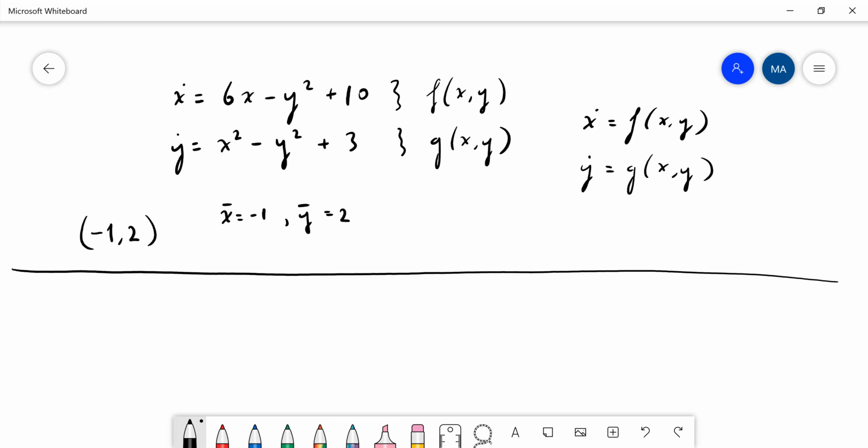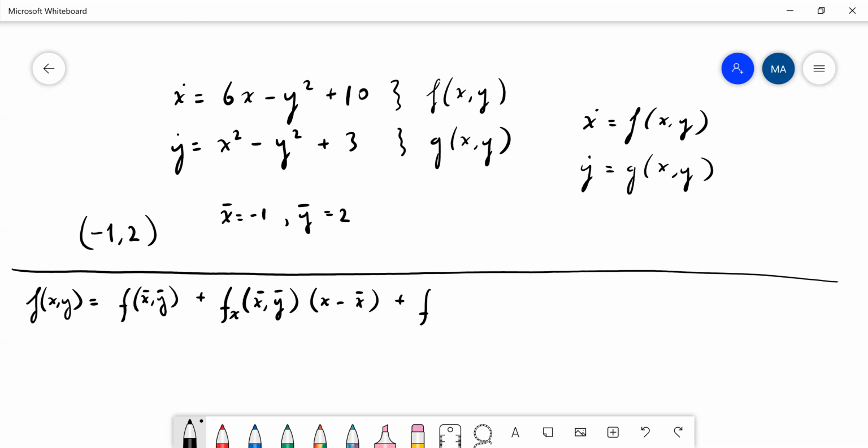Now remember, first of all, I want to evaluate the f function at x bar, y bar. Then I have the derivative with respect to x, again evaluated at x bar, y bar, times x minus x bar.